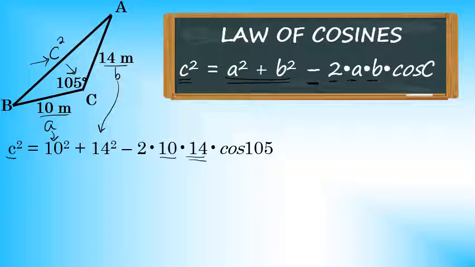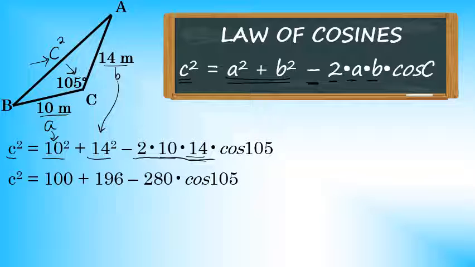When simplifying this expression, I'll first square 10 and 14, as well as multiply 2 times 10 times 14 to find that C squared is equal to 100 plus 196, minus 280 times the cosine of 105 degrees. Adding 100 and 196, I get C squared equals 296 minus 280 times the cosine of 105.